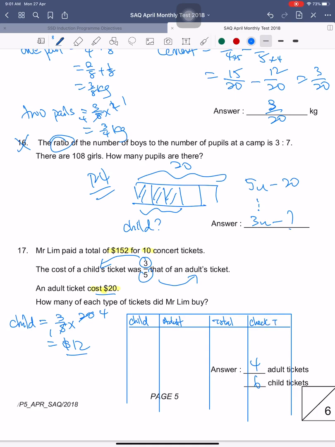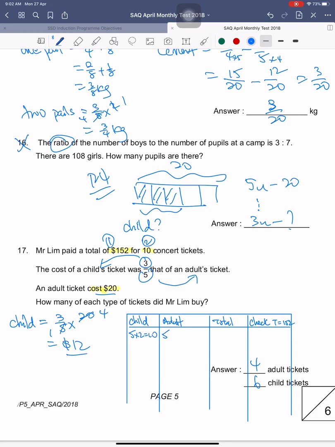You want to ensure the total is actually $152. So remember, there are 2 conditions we need to fulfill here. First condition, the total must be $152. Second condition, the number of concert tickets must be 10. The easiest way is, of course, to start with 5 child tickets and 5 adult tickets. So if there are 5 child tickets, 5 plus 5 is 10.